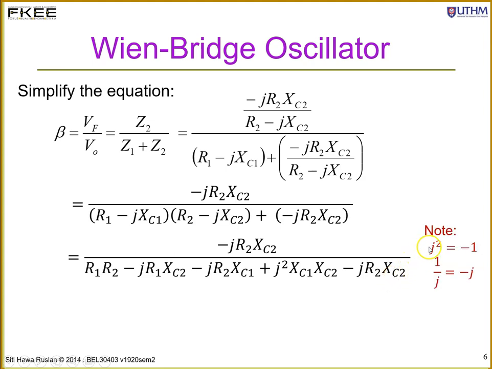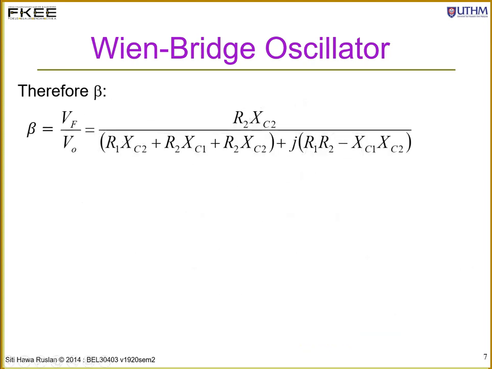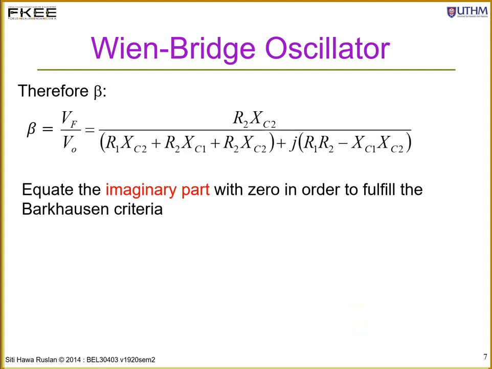And if you remember that J squared is minus 1 and 1 over J is minus J. So substitute this, J squared is minus 1. Over here you have minus J, and you will come to this. Your VF over VO will equal R2XC2 divided by R1XC2 plus R2XC1 plus R2XC2 plus J in bracket R1 R2 minus XC1 XC2. Okay, so this is the feedback which is beta, defined as VF over VO.